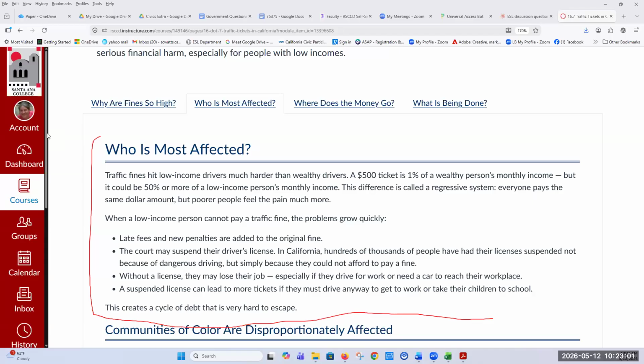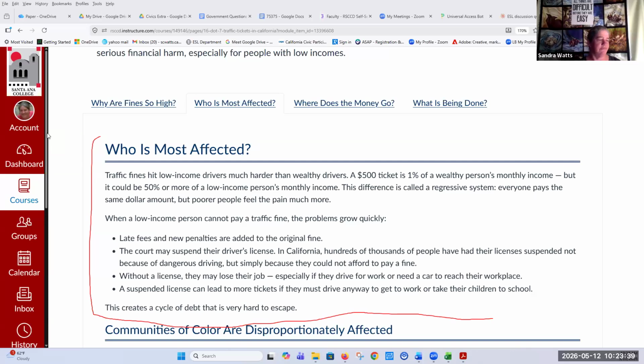Without a license, they may lose their job, especially if they drive for work or need a car to reach their workplace. A suspended license can lead to more tickets if they must drive anyway to get to work or take their children to school. This creates a cycle of debt that is very hard to escape.